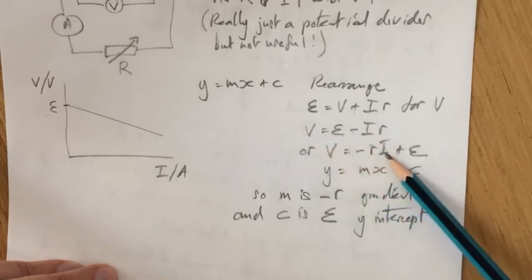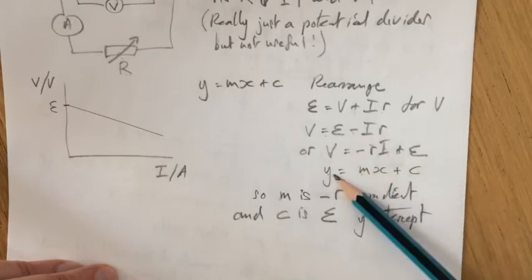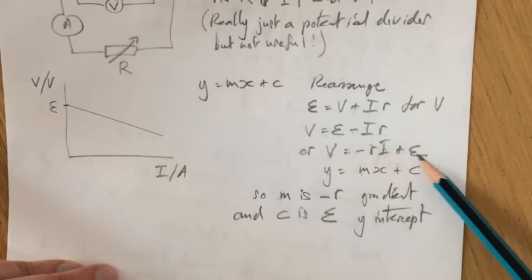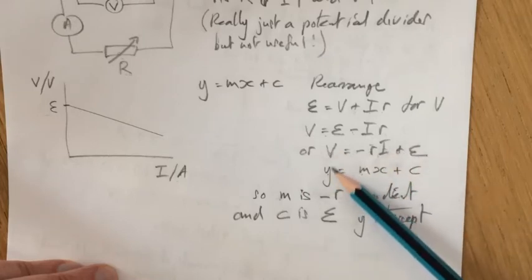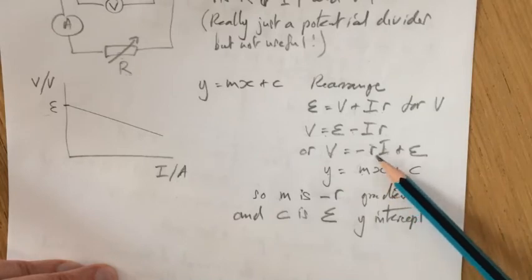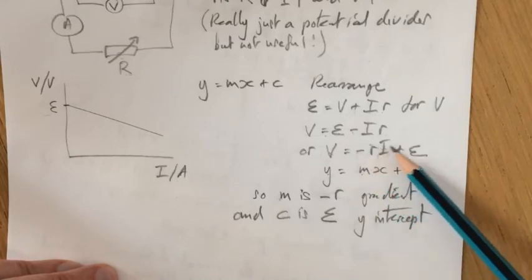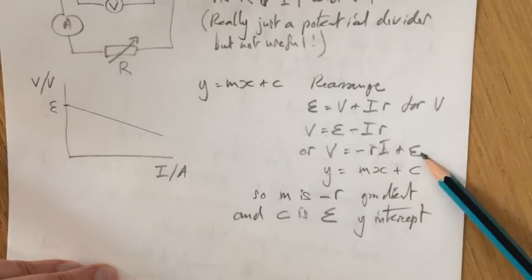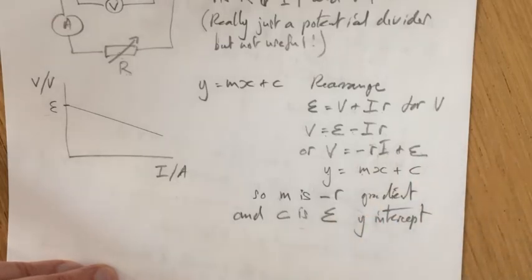Turn it around a bit more into the form y equals mx plus c. Plot V on the y-axis, plot I on the x-axis. Your gradient is equal to minus r, and your y-intercept is equal to the EMF. That's what you would get.